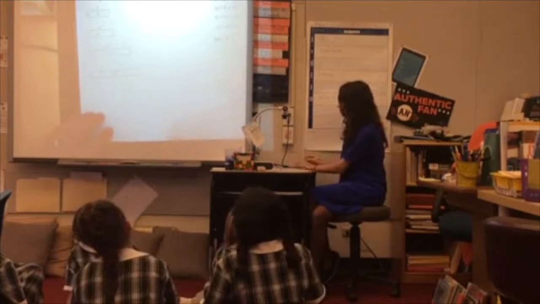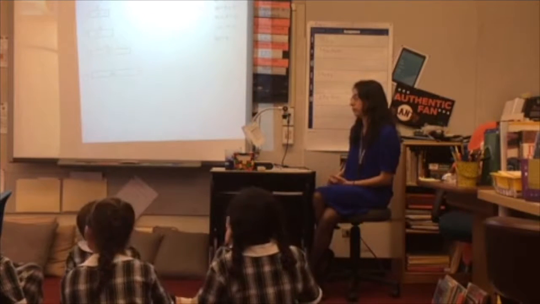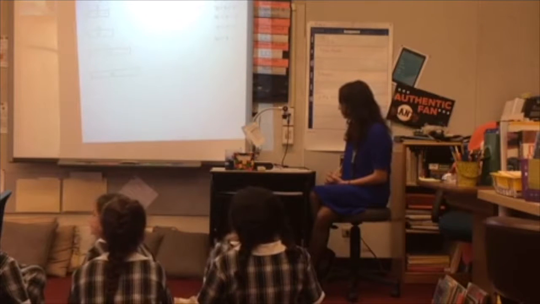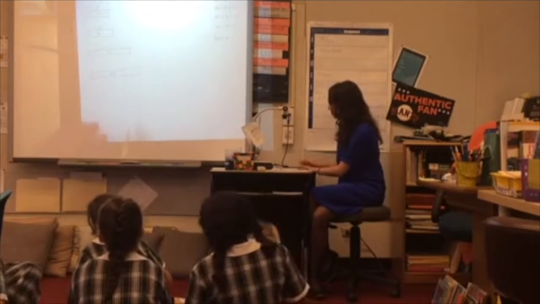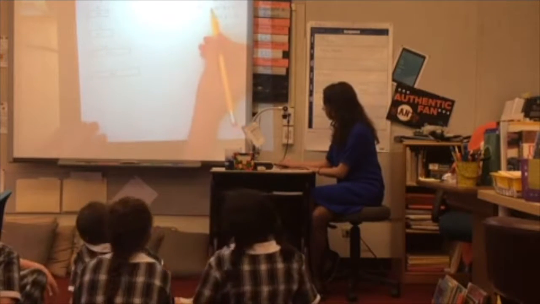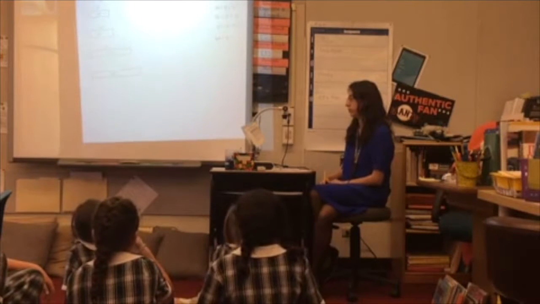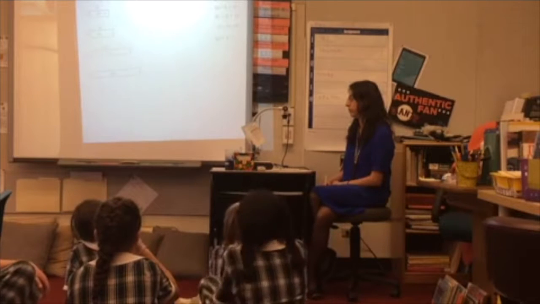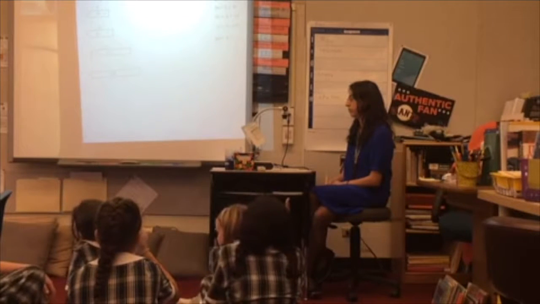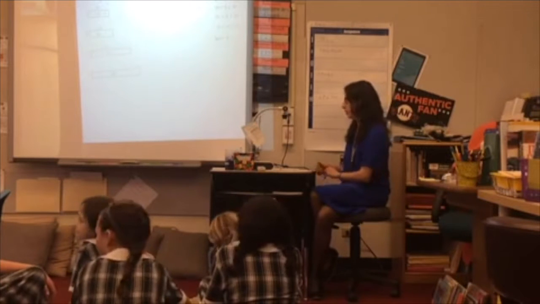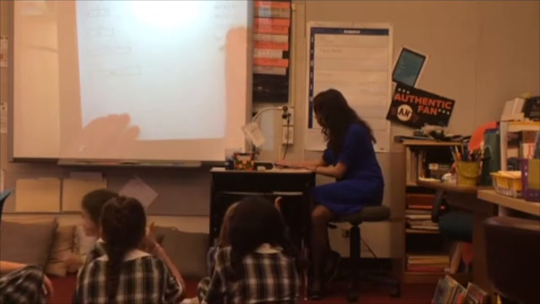And how I got that was I saw that our second equation was 30 divided by 3 equals 10. And then I did 30 plus 30. So you know 30 plus 30 equals 60.